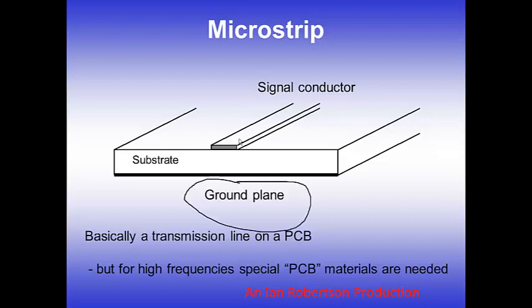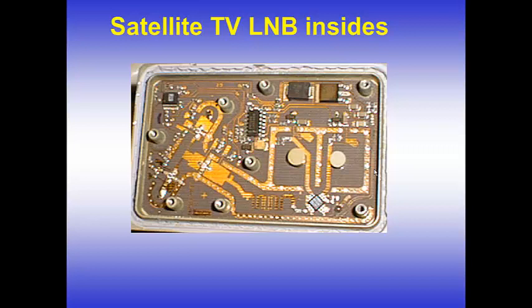On the top, we place our signal conductor here. So this is essentially a transmission line made on what looks like a printed circuit board. That's very convenient for making circuits, and this example shows the inside of a satellite TV low noise block. We'll study this in greater detail in another presentation.